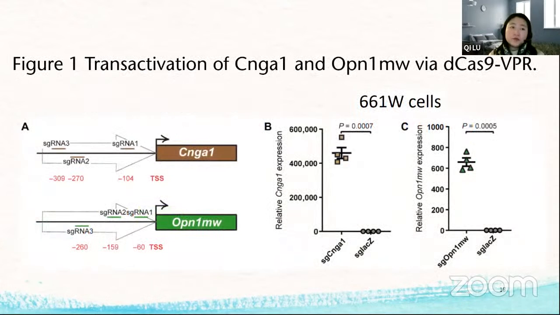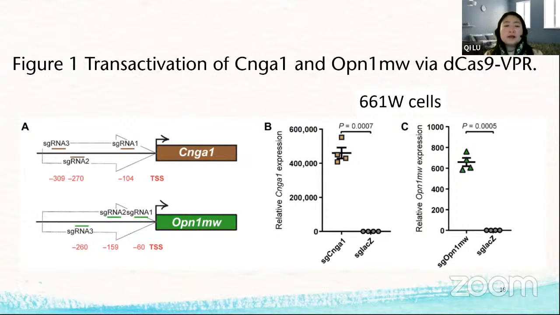Okay, now let's move on to see the results of this study. Firstly, let's see proof that their system works in the photoreceptor cell line. Separately, they express CNGA1.